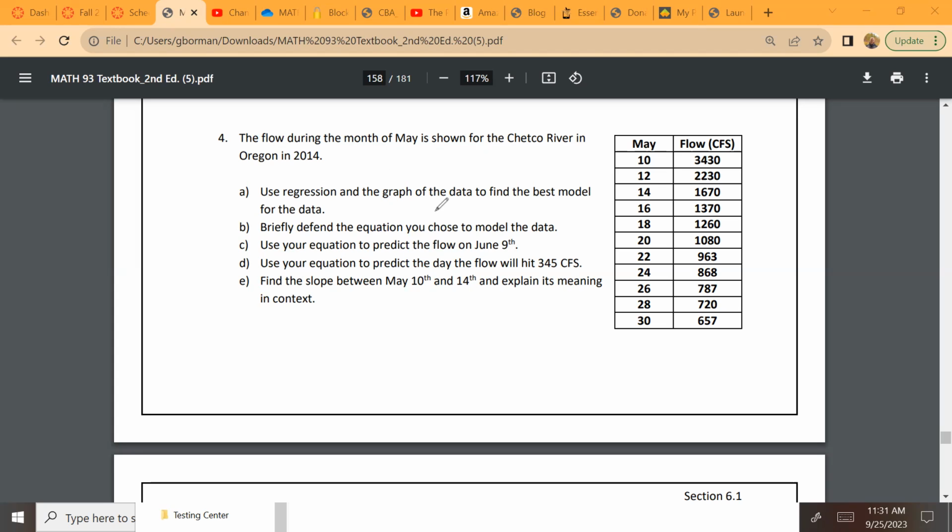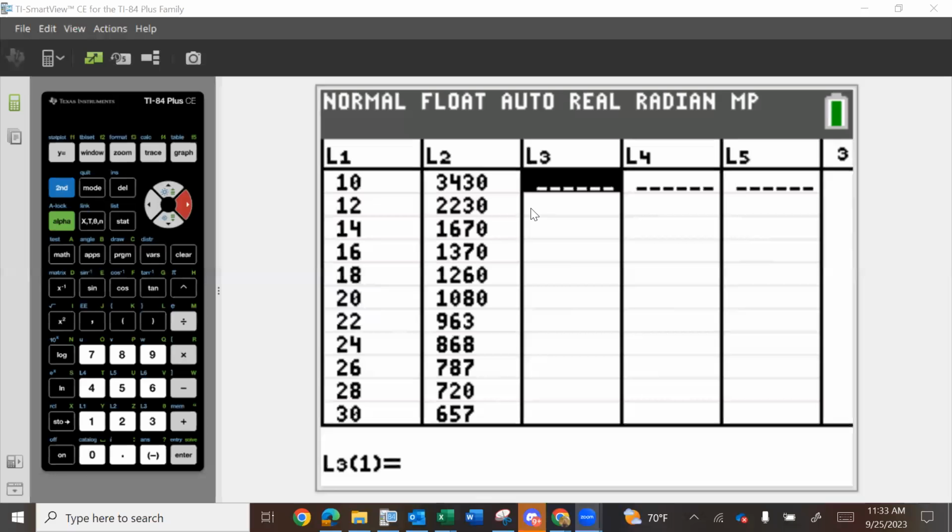Okay, use regression and the graph of the data to find the best model for the data. Okay, so I'm going to go plug the data into my calculator, and I'm going to pause it. Okay, so we've got all this super cool data here, and now they don't tell us, hey, go find a linear model, go find a quadratic, a power, a logarithmic, and exponential.